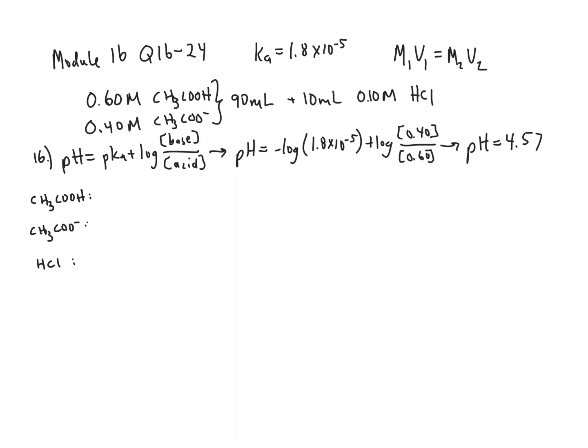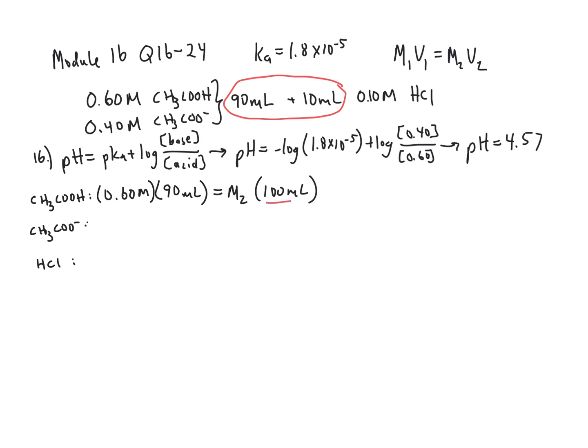So for the acetic acid, I start off with 0.6 molar, and I have 90 milliliters of that solution. I need to find my new concentration when I have 100 milliliters of solution, because remember, we're adding together the 90 milliliters of my buffer with the 10 milliliters of the strong acid. So my final volume is 100 milliliters. Same process for the acetate, 0.4 molar, and I had 90 milliliters of that at the start.